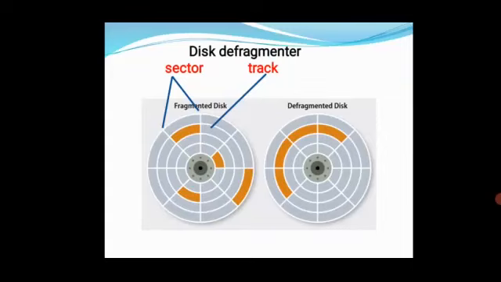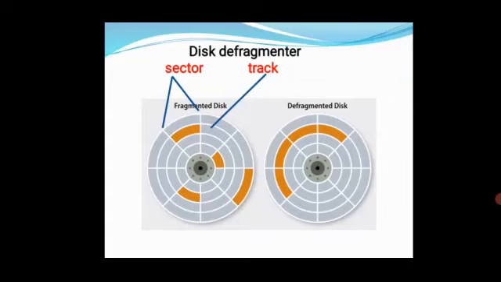This is also one type of utility program. What will it do? First, you have to understand the fragmentation and defragmentation concept. See here, I have given two circles. Having any idea? This is known as a disk, for example, the hard disk.